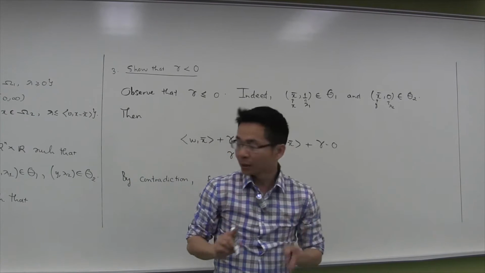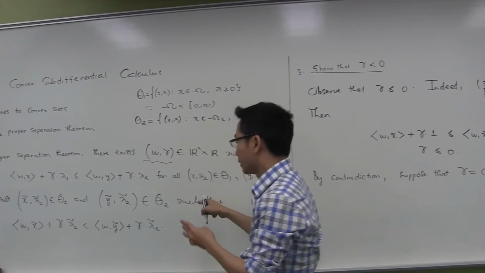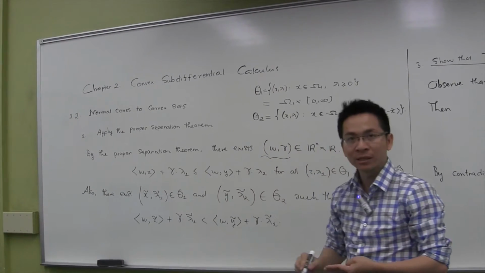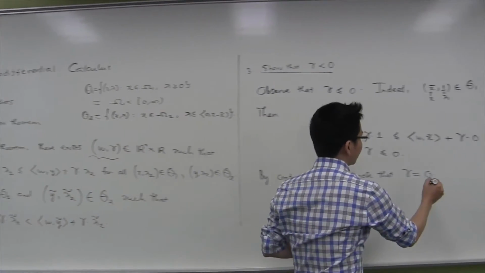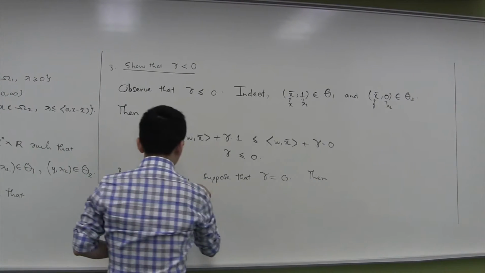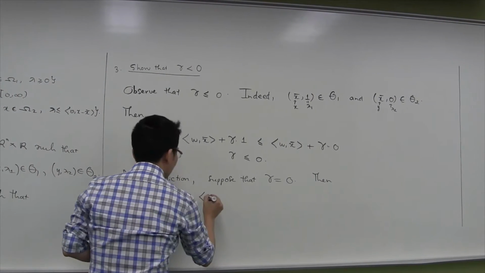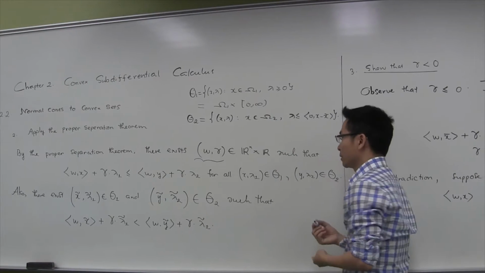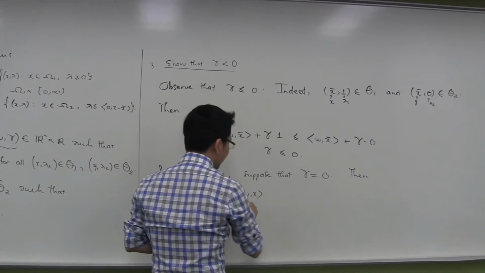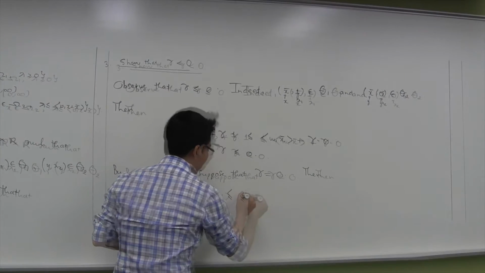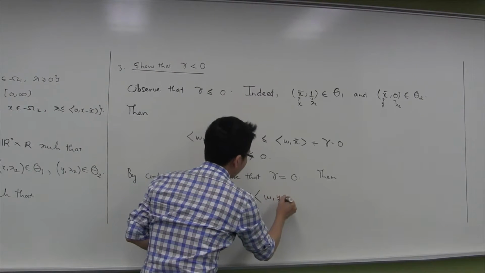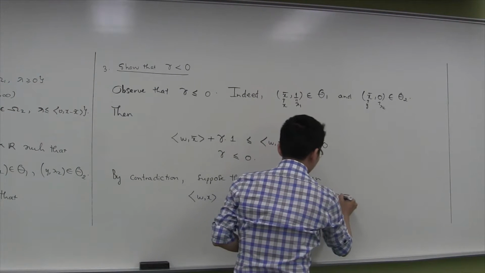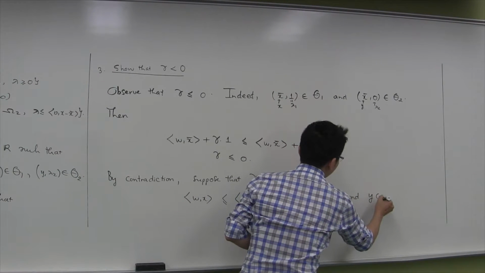Now if gamma is equal to 0, then from the properties that follow from the proper separation theorem, we can easily see that, because gamma is equal to 0, the inner product of w and x is less than or equal to the inner product of w and y for all x in omega 1 and y in omega 2.